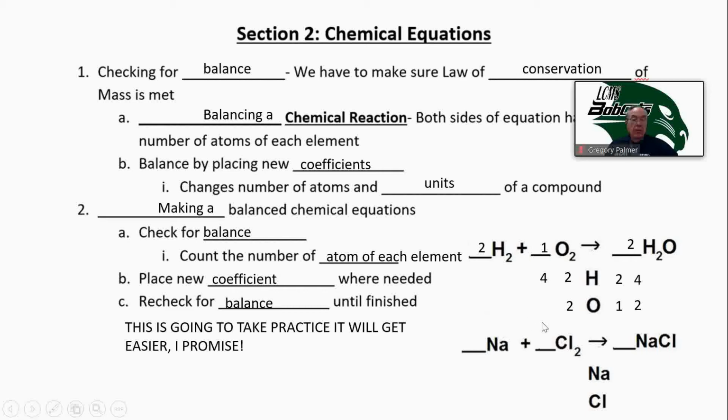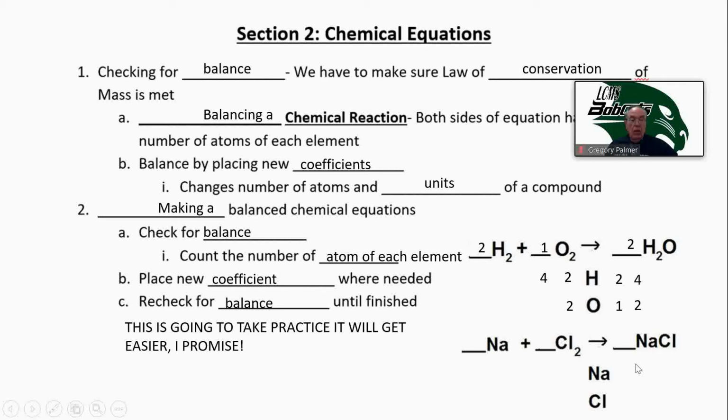Let's take a look at how we would do this one. It says Na, which is elemental sodium, plus Cl2, which is diatomic chlorine. And remember, that's the way we find most of the nonmetals, as these covalently bonded compounds. And then it says it's going to make NaCl. That's the way salt is.